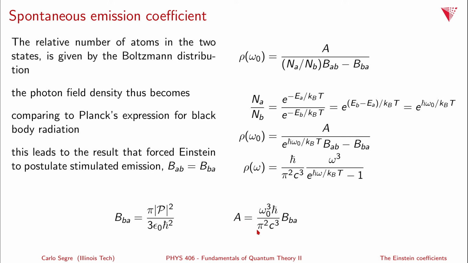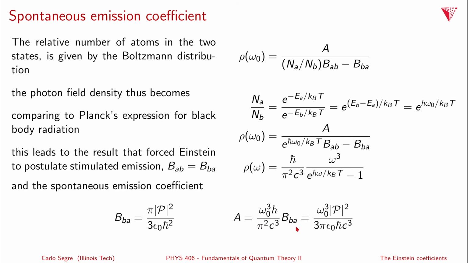And A is equal to omega sub 0 cubed over h bar over pi squared c cubed times B sub AB. If we then substitute B sub BA in there, you get that A is equal to omega sub 0 cubed times the polarization modulus squared over 3 pi epsilon naught h bar c to the third power.